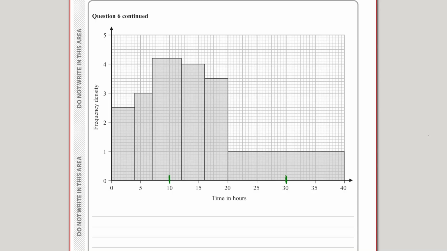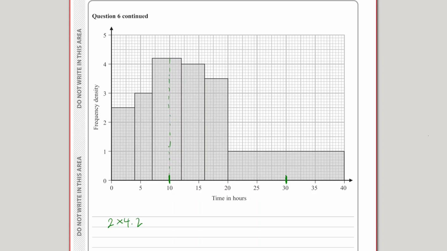So what is this area? So we're going to do base times height. And it is, so between first part of a box, we have 2 times 4.2.